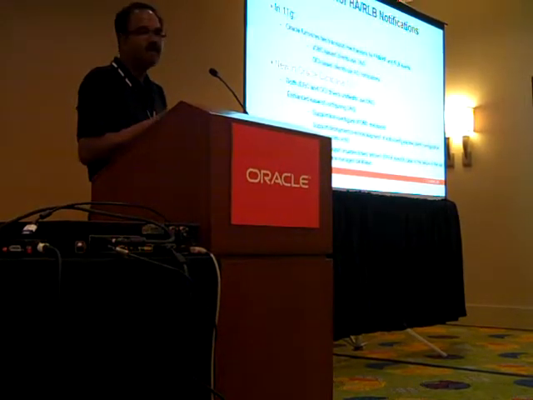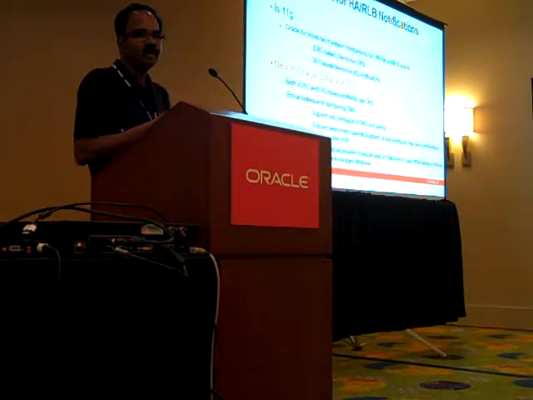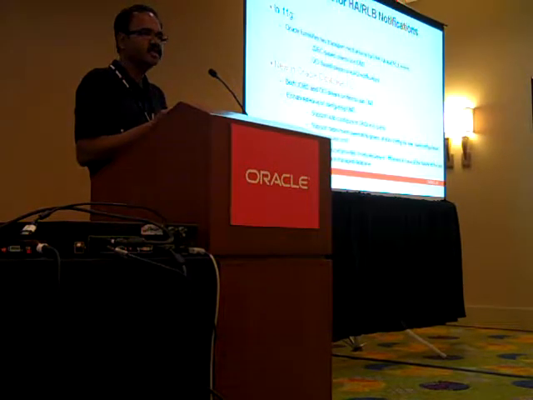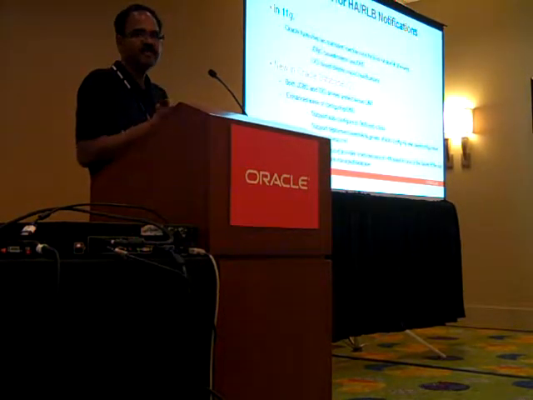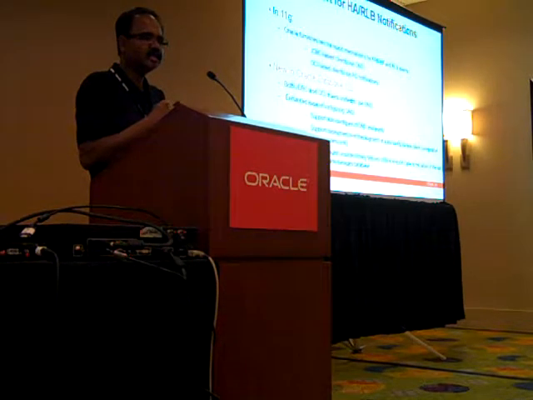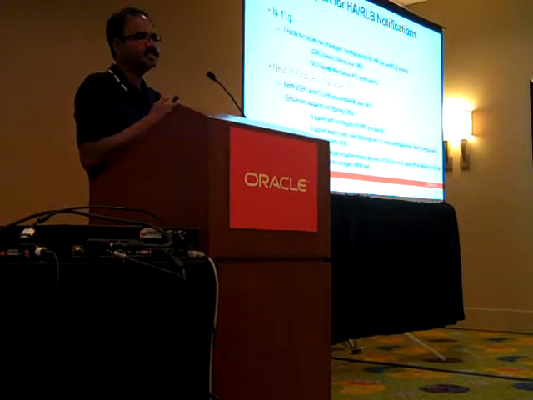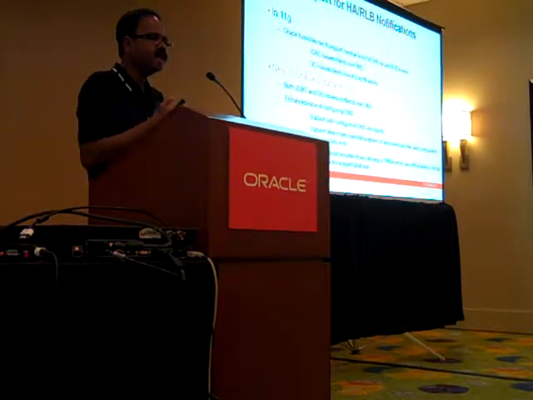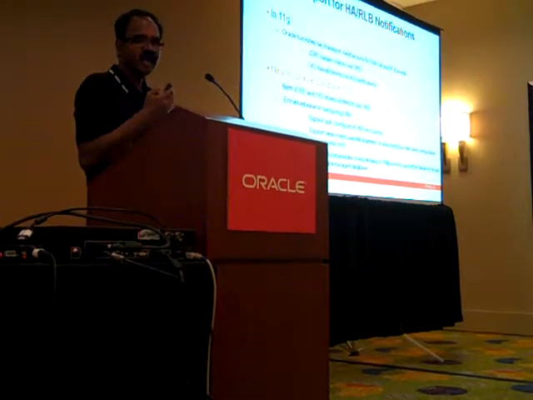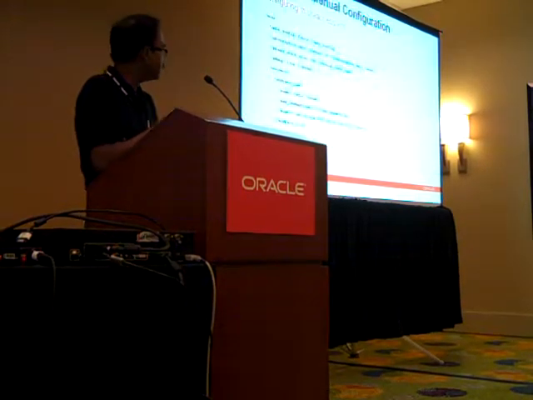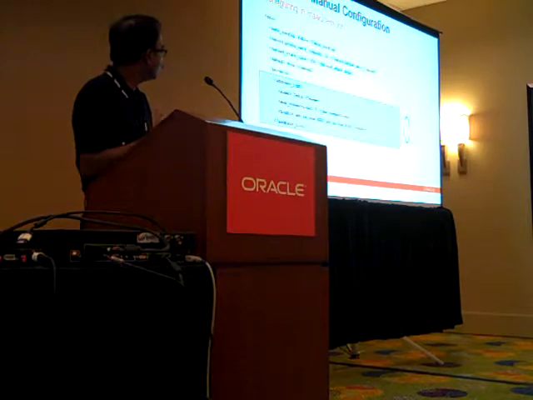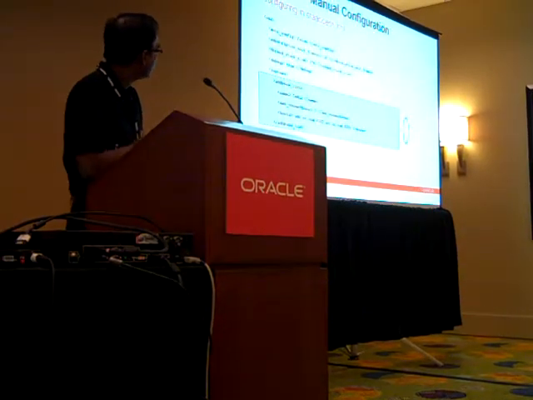We also provide automatic configuration of the ONS endpoints. If anybody is familiar with JDBC, it previously used ONS for its FAN configuration, but one had to manually configure the endpoints of ONS. But with 12c, we have a notion of auto-config.